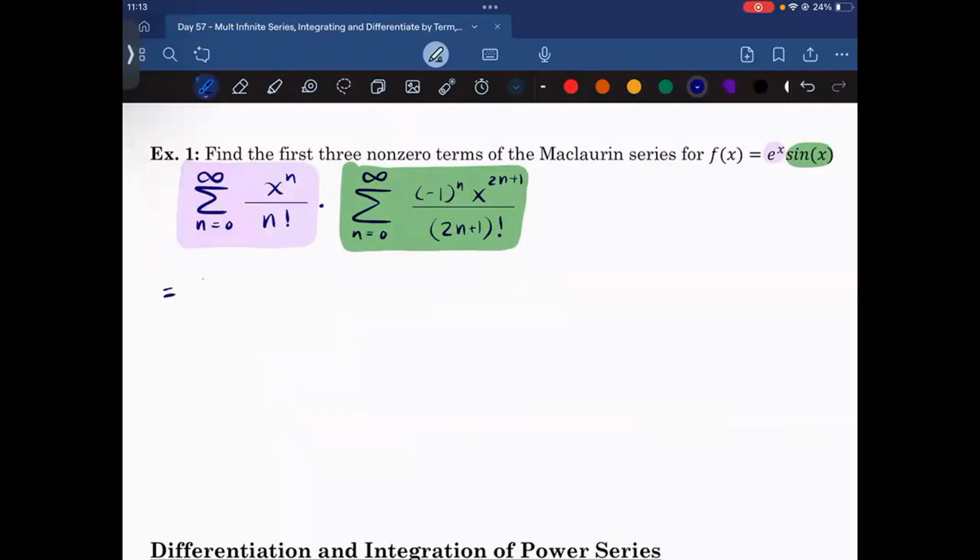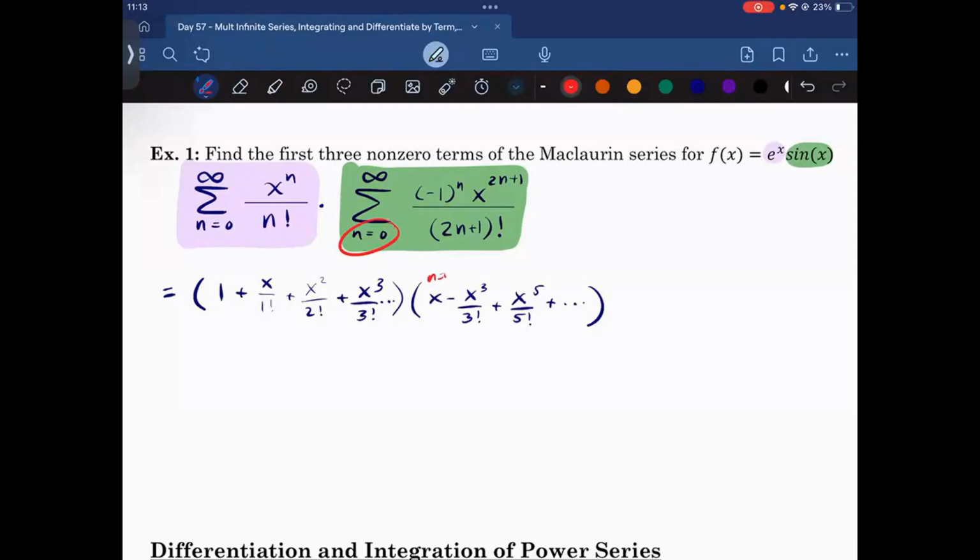So for this one, we can just start listing out the terms. Dot, dot, dot. And then we have x minus x cubed over 3 factorial. And you don't have to memorize this. Obviously, you can just start plugging in n equals 0, n equals 1, n equals 2. If you are lost with how to do those, just start listing out the terms using the summation.